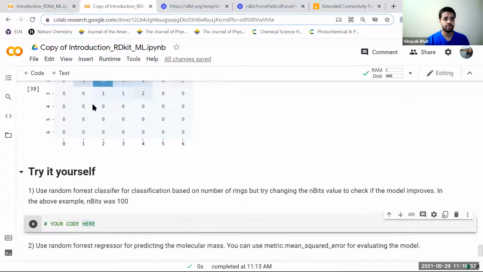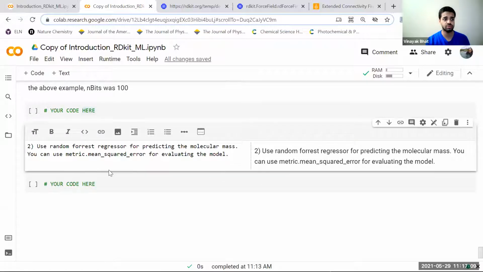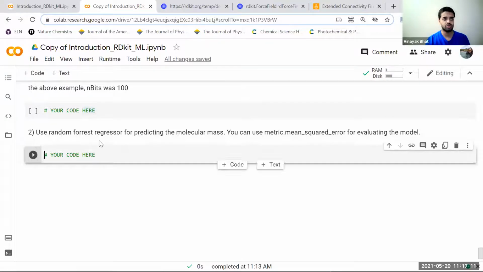So one thing you can try is to change the number of bits that we used in the generation and see whether it changes something. Or also use the regressor model, random forest regressor. The difference between regression and classification is whether you're trying to predict something categorical or continuous.